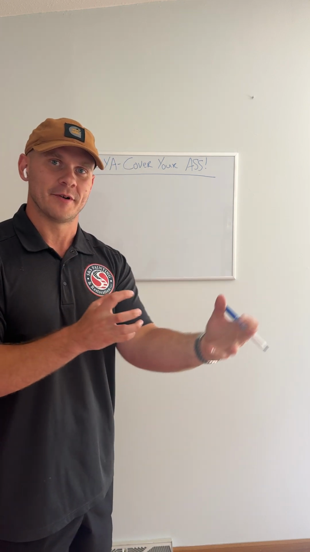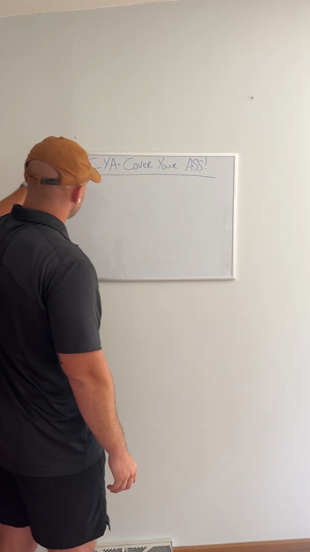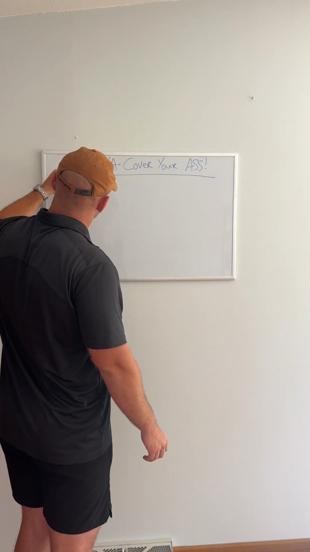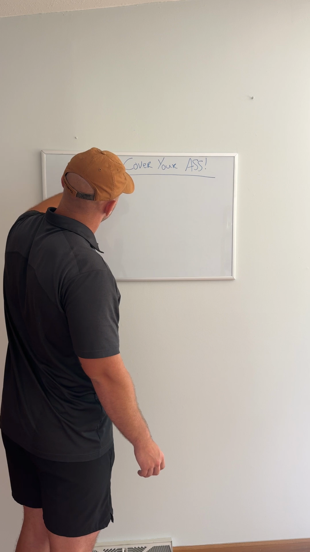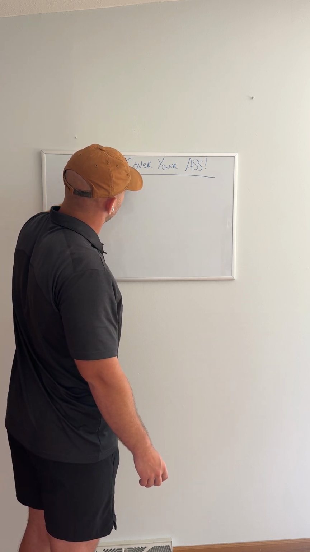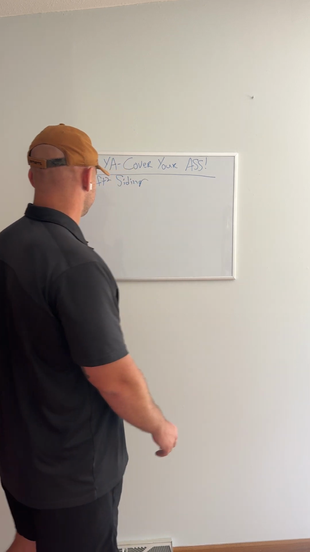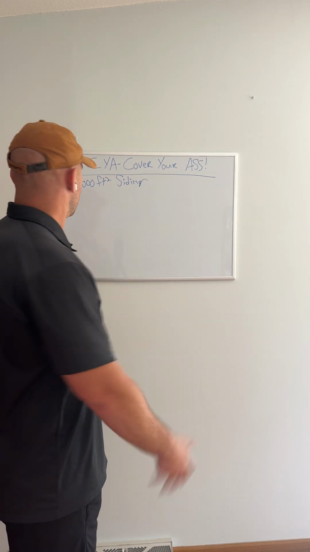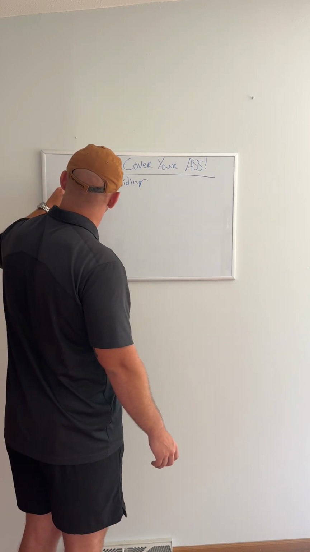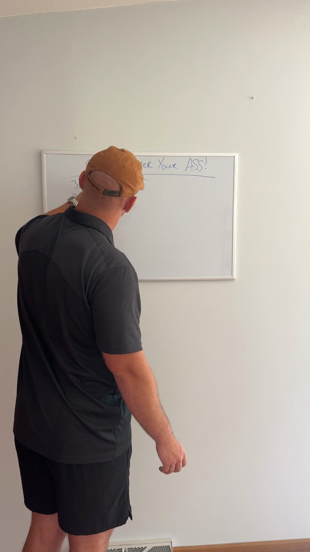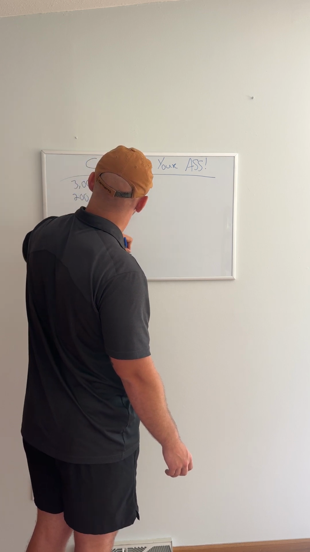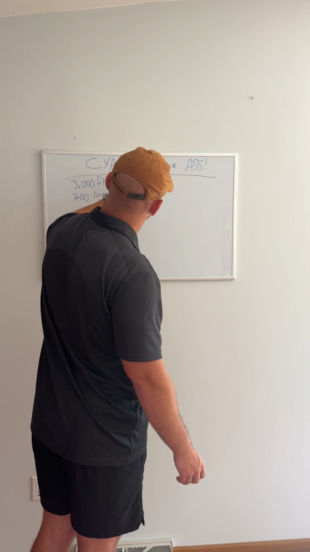So this is the example I wanna use. So say you found there was 3,000 square feet of siding, okay? Say there was 200 linear feet of soffits, okay?